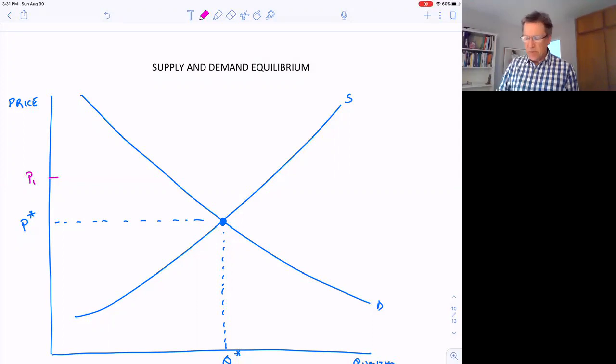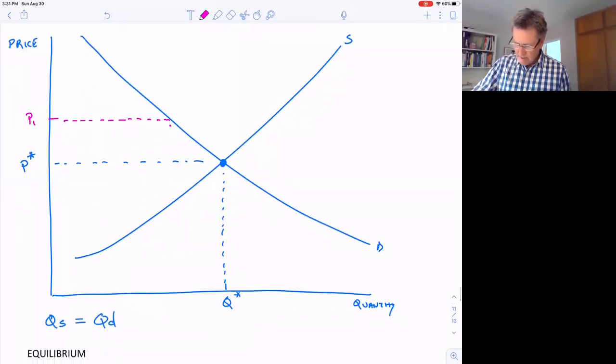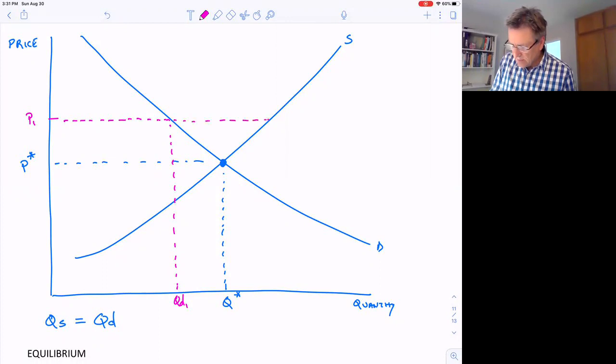If the price is P1 in this market, we can go over here to see what the demand is. Come down here on the graph and say, well, the quantity demanded is right here at price P1. We'll call it QD1. If we go over here to the supply curve, we can see what the quantity supplied is going to be. We'll call that quantity supplied 1, QS1.